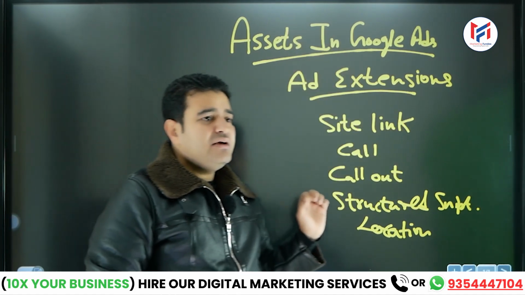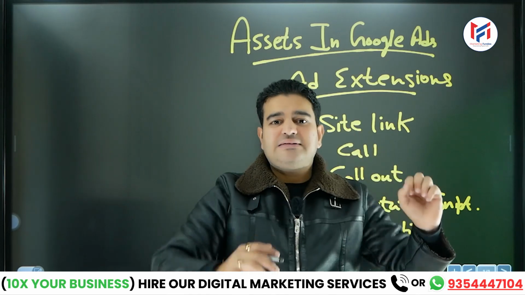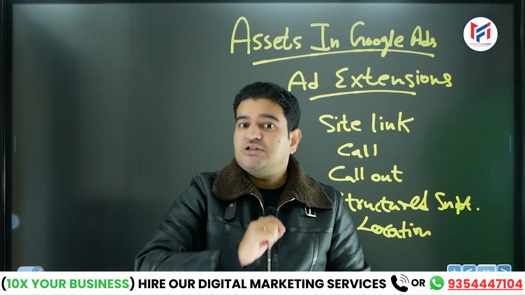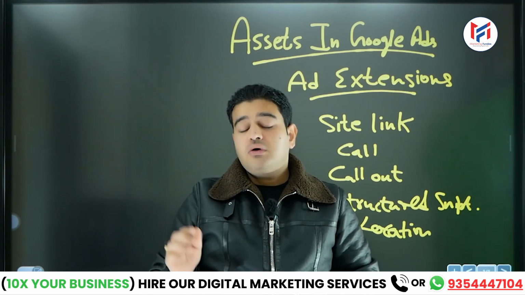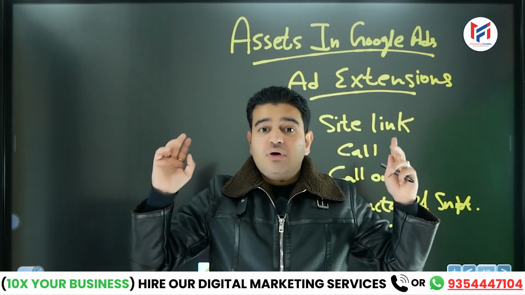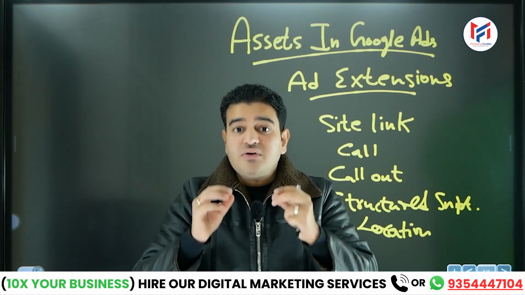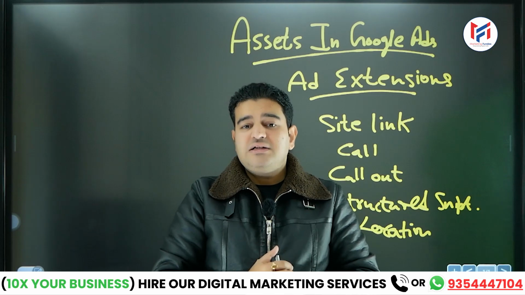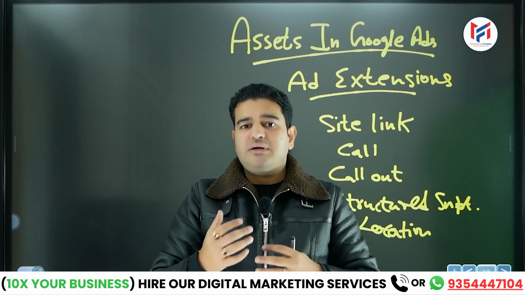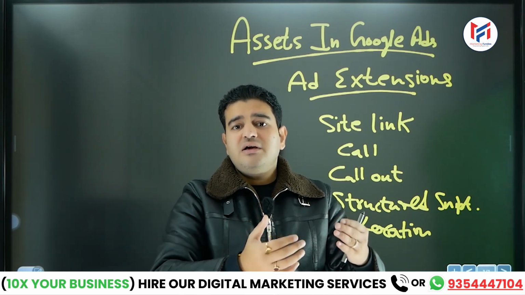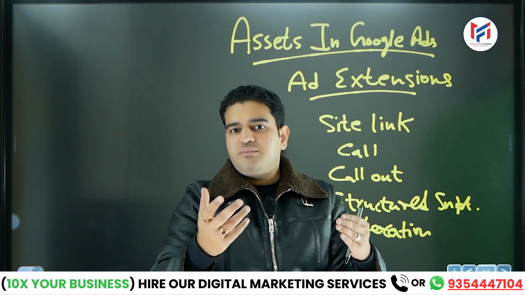Now, what are the roles and functions of assets? Let us try and understand that properly, and then we will learn how to create them in this course. Because these assets are what will improve the performance of your ads, and it means they multiply. Let us assume that in the timeline of an entire month, you are spending 1 lakh rupees, and as an example, 1,000 clicks are coming.